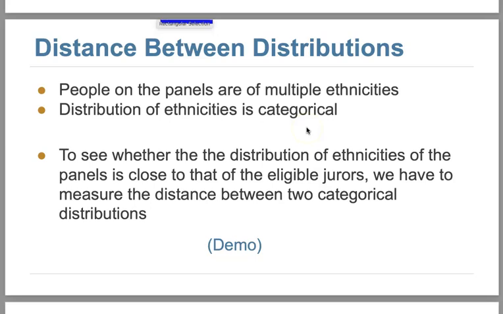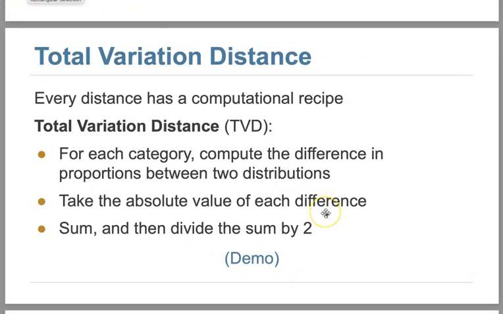Before, if we only had 2 categories, we only had 1 distance. But now we have not 2 distances, we have 5 distances to consider. So we want to introduce the total variation distance, since you have more than 1 distance to consider.